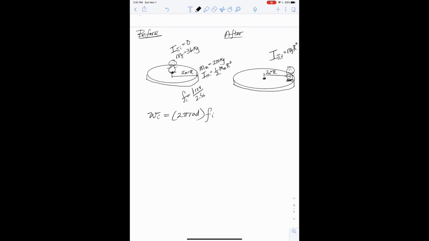And so we're getting what here? All right, I think this ends up being about 2.51 radians per second.